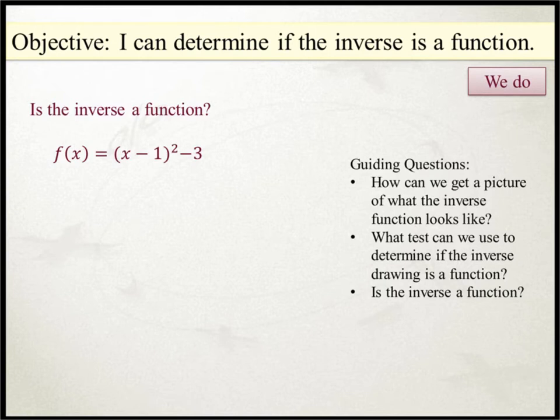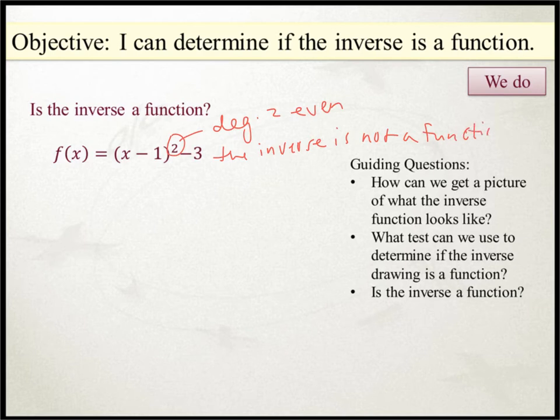So a couple things here. I see that we have degree that is 2, which is even, which means the inverse is not a function. Okay, the other way that you could tell by looking at this is to graph it. So if I just sketch a coordinate plane here, I know that we have a vertex that is going to be at 1, -3, because this is in vertex form.